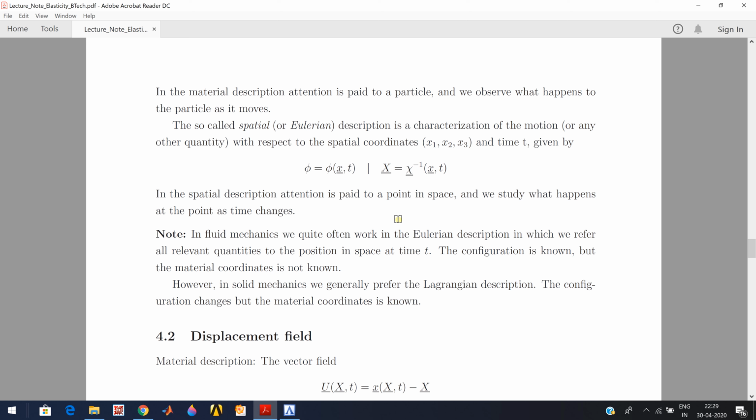All right, so this will be your spatial description or Eulerian description.